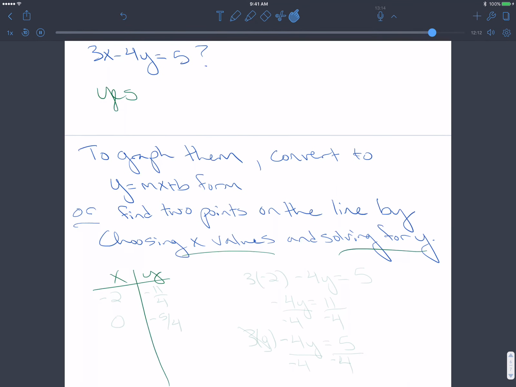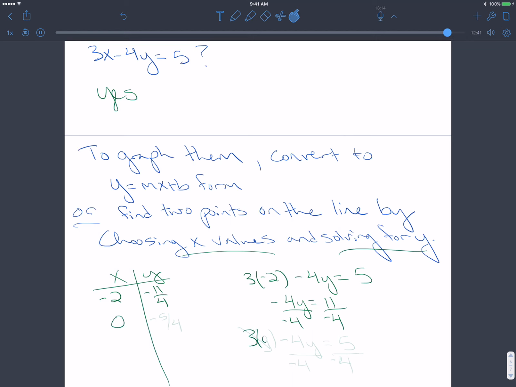So if I picked x equal to -2, then I could substitute that in. 3 times -2 minus 4y is equal to 5. So what is y? That's a -6, so I'm going to add 6 to both sides. -4y is then going to be 11, and then I divide by -4. Now I have -11 over 4 for my y value. Once you have 2 points, let me try 0, because that sounds like an easy one.